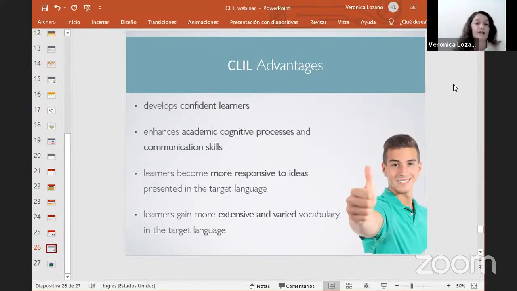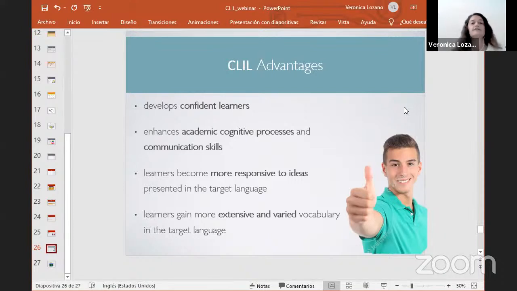Then learners become more responsive to ideas presented in the target language. Sometimes we can give our students a reading text, but there's no way they are going to respond to the text if they don't have these strategies and this targeted language to be able to respond to the text.